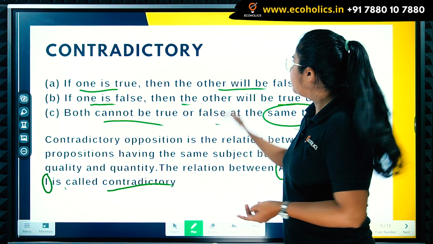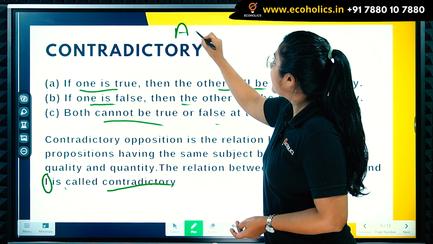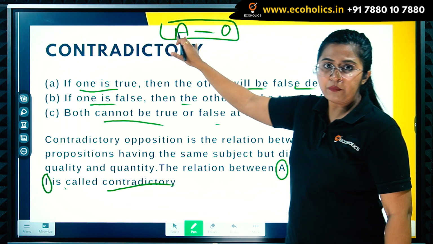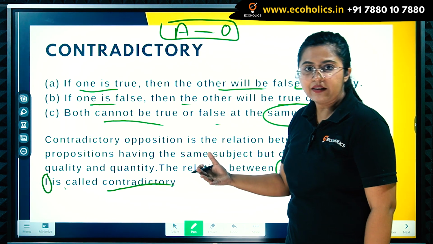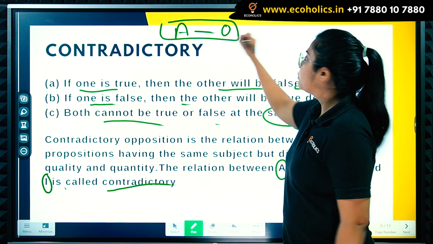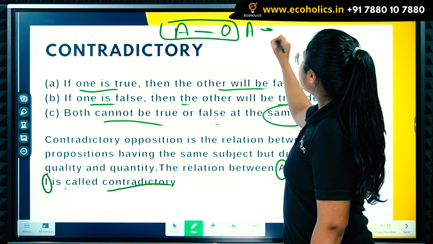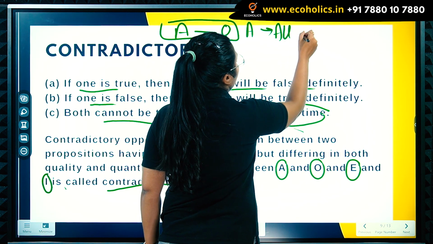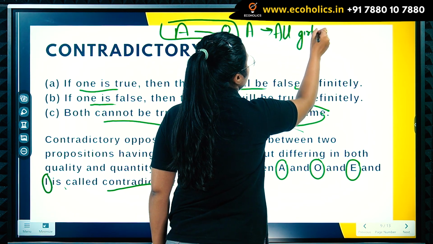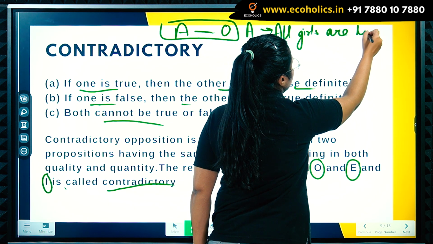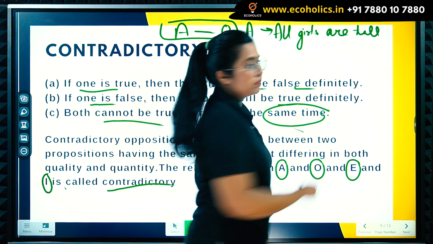Let's understand A and O type of sentences, and from that point of view, how can we look at this particular question? Let's say the A type of sentence would be: all girls are tall.